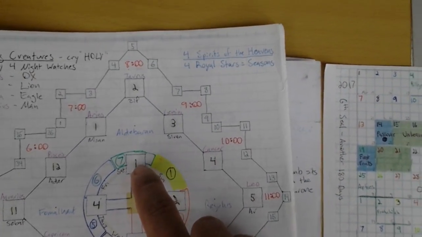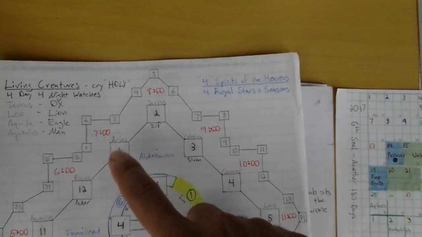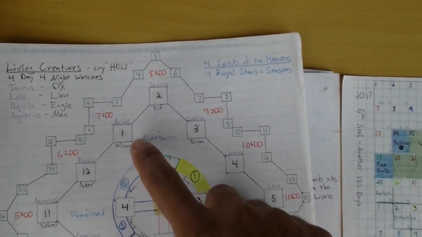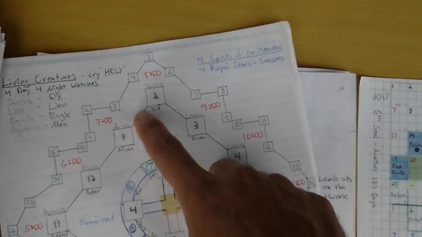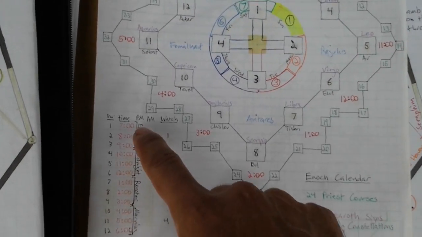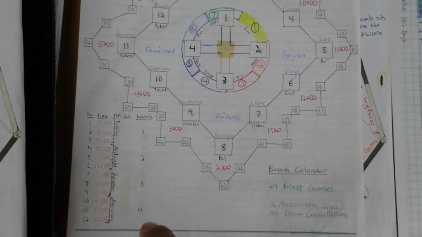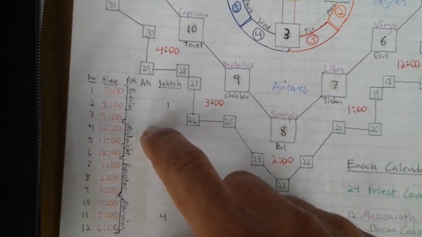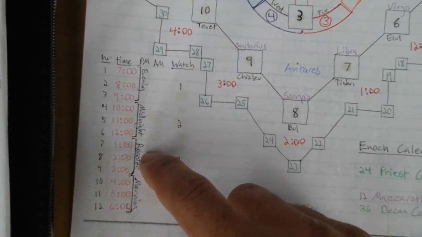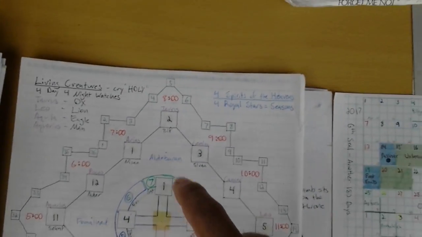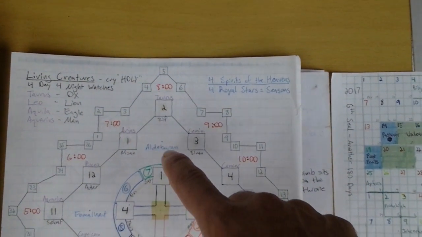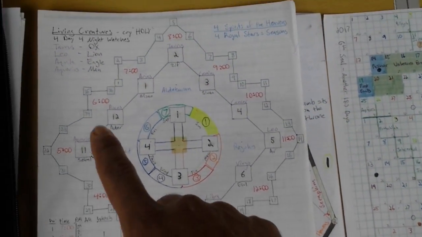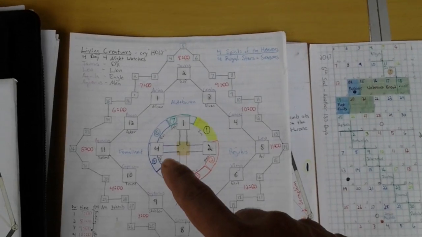So just like a season has 3 months, a watch has 3 hours, okay? And the watches are here if you're interested. But when the Lord said, watch, and that watch you do in the evening, there's an evening watch, a midnight watch, a rooster crow watch, and a morning watch. So when the sun goes down, these would be watches. But in this piece, we are talking about a calendar.